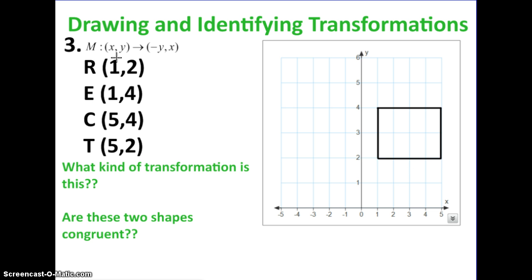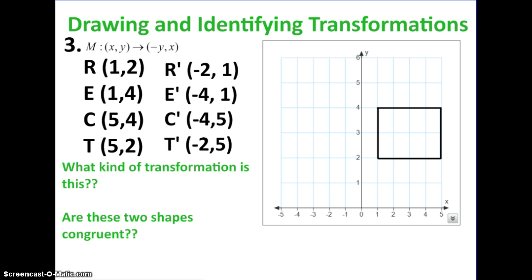Now, what we want to do is switch x and y and negate y. So after switching x and y and negating our y term, these are our new points. So we want to go ahead and plot them, the first of them being at (-2, 1), and then (-4, 1), and then (-4, 5), and (-2, 5).